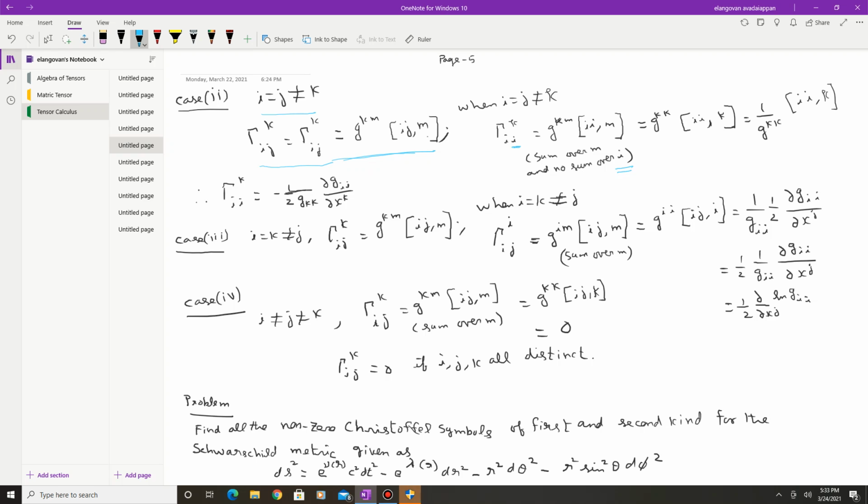That is important. Now here, there is a summation over m according to the definition. So you have to perform the summation over m. When m is different from k, what is the value? g_km, where k and m are different, is equal to 0.